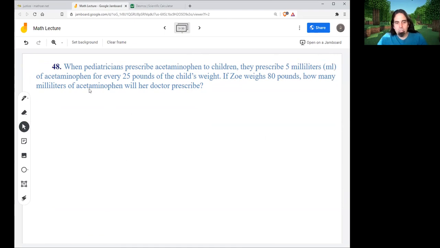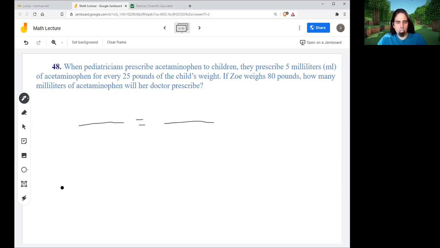So pediatricians are prescribing some medicine for 5 mils. It's a 25-pound kid. A different kid has this many pounds. How many mils? Yes, so I have 2 situations. They give me 3 numbers and they ask for a 4th number. So it's this kind of problem.